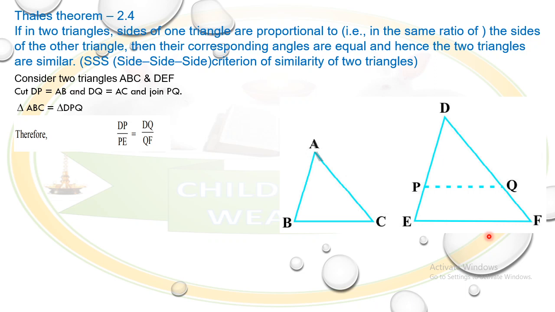Thales theorem 1 says that if sides are proportional, then the drawn line will be parallel to the third side of the triangle. That is what we have written over here. See, PQ is parallel to EF. This is from Thales theorem 1.